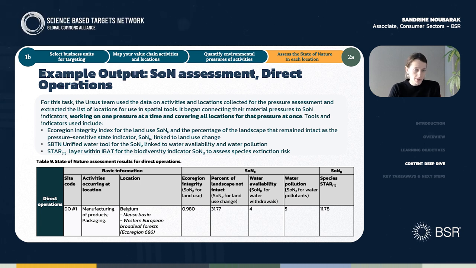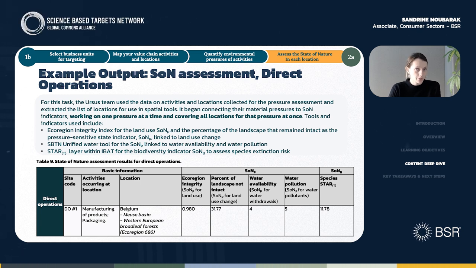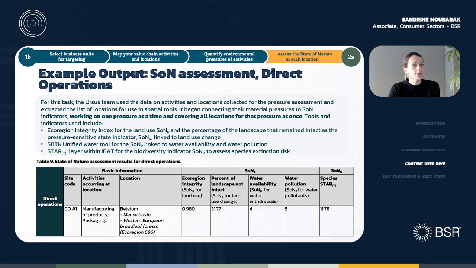In terms of tools and state of nature indicators, for the pressure-sensitive state indicator SONP, linked to land use change or conversion, Ursus used the percent of the landscape that remains intact. For the SONP linked to land use, it used the Ecoregion Integrity Index.